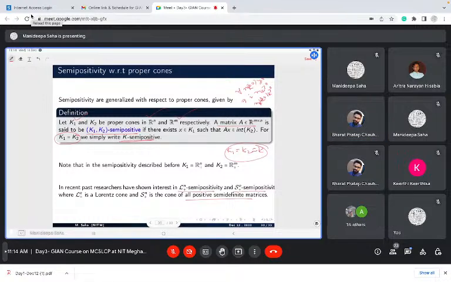Could be, but I'm not sure. I don't know if there is any kind of generalization, at least for the P matrices.